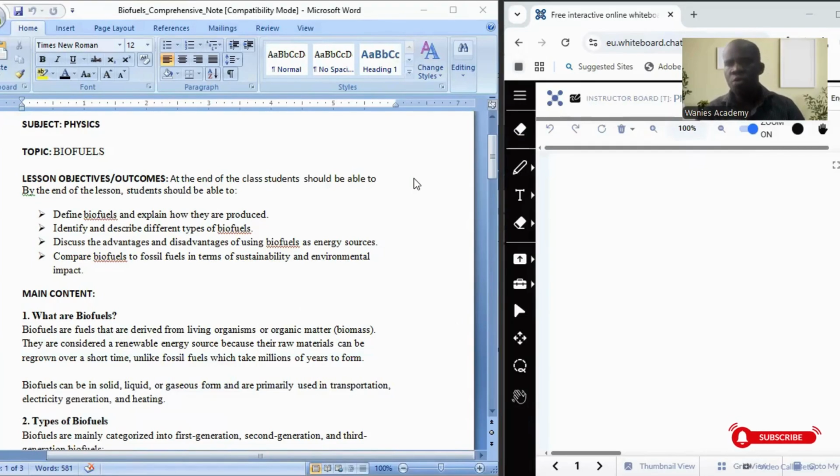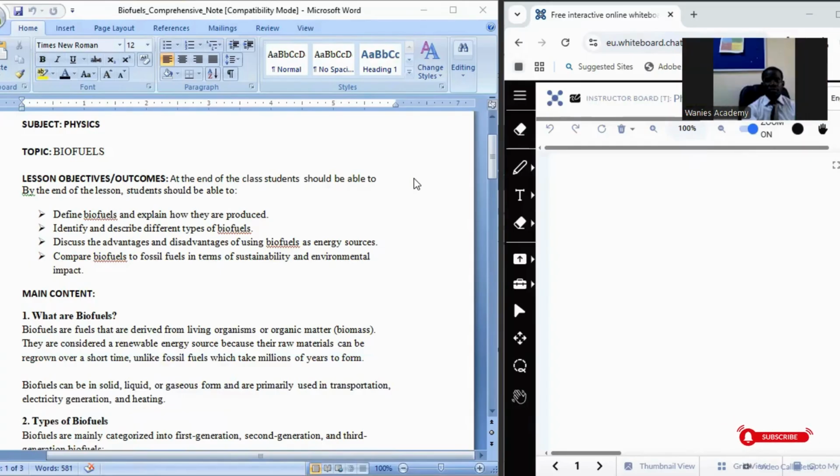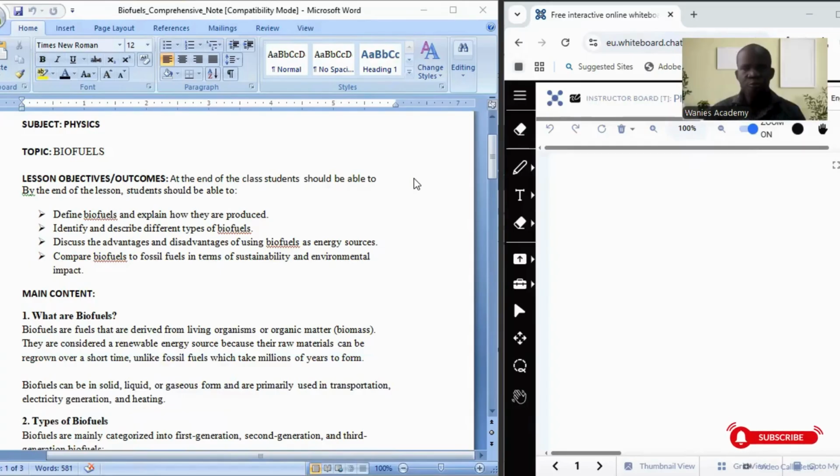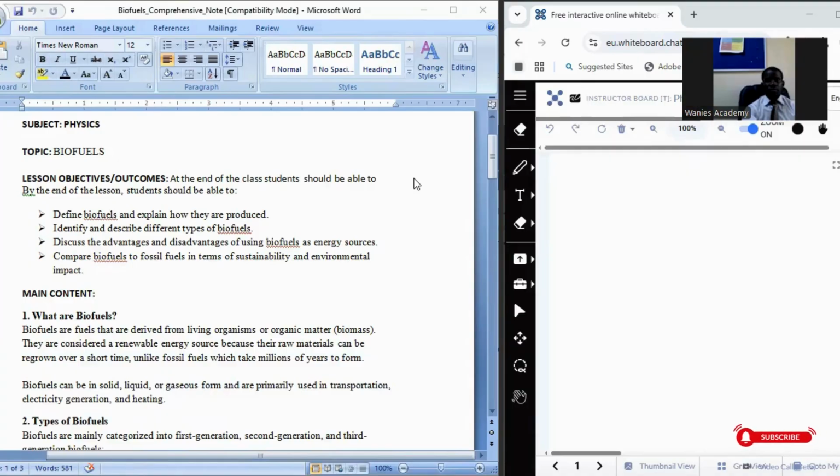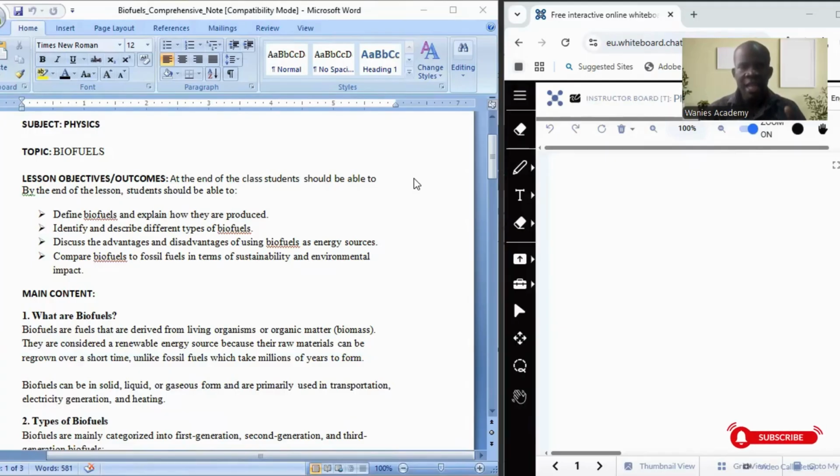That is what we call biomass. Biofuel, the word bio means life. So it means that all of these sources of energy are derived from living organisms and dead organic matter, which encompasses both plants and animals.